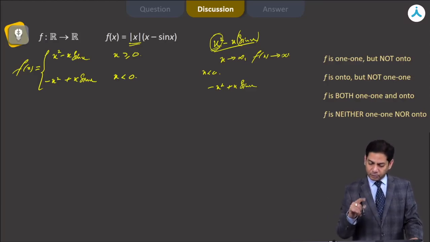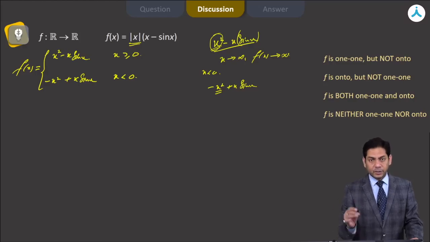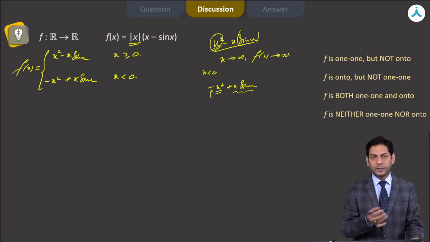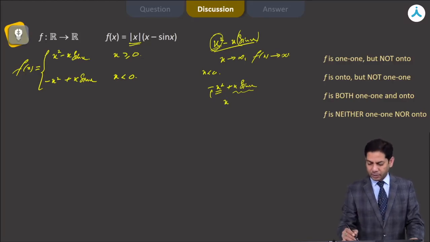When x is approaching minus infinity, this x square will be the dominating term, which would give something positive, but this negative sign will make it negative, and sin x will have no impact when x is very large in magnitude. So here again, with the same logic, we can say when x is approaching minus infinity, f of x approaches minus infinity.